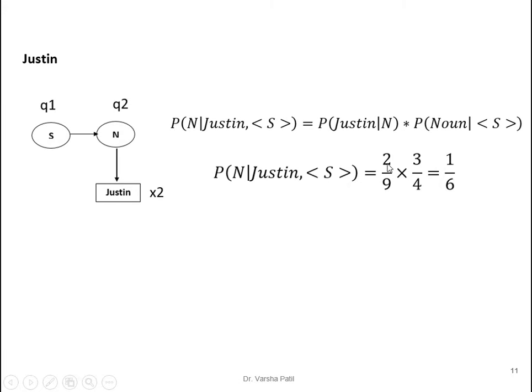I am just directly picking the value, you can check afterwards. 2 by 9 into 3 by 4, we get 1 by 6. So when we find the part of speech tag for noun, as such there is no need, because by default after the morphological parsing we are already given that Justin is a proper noun. Still we calculate the probability, so Justin comes with the probability of 1 by 6.